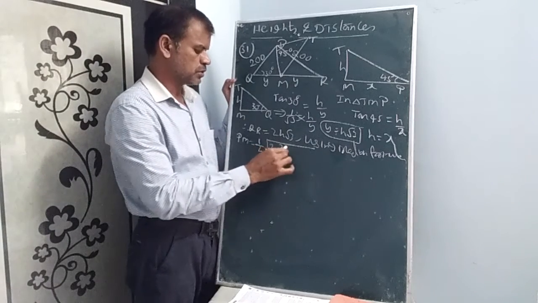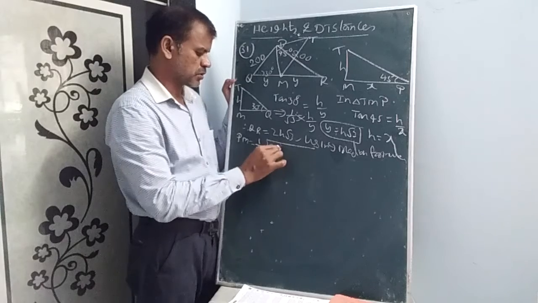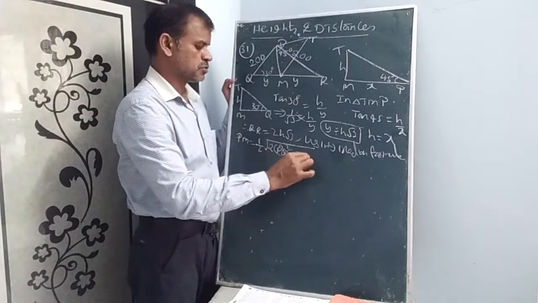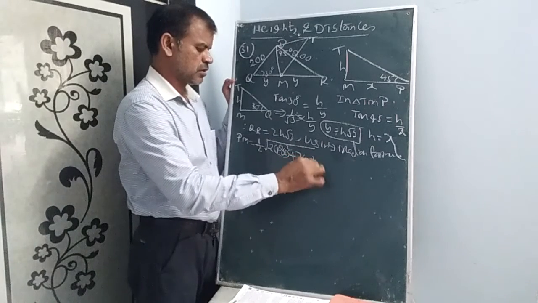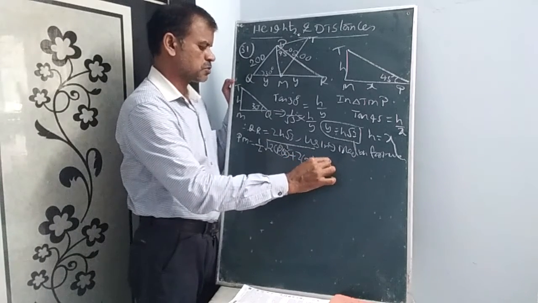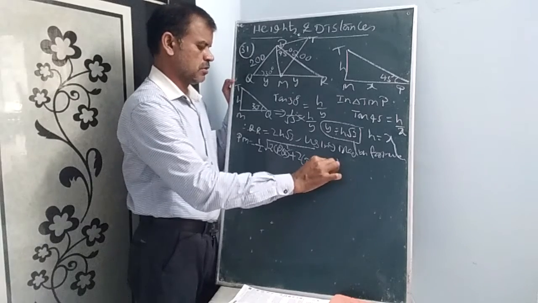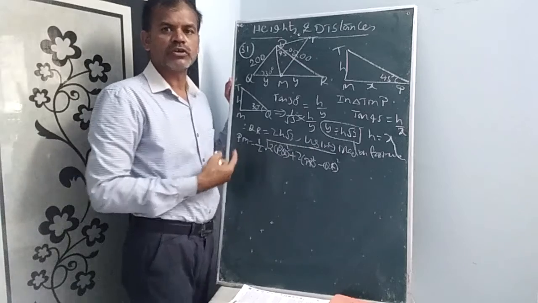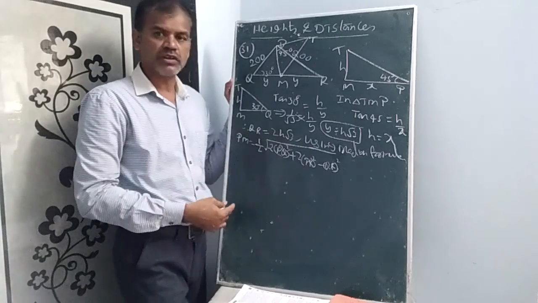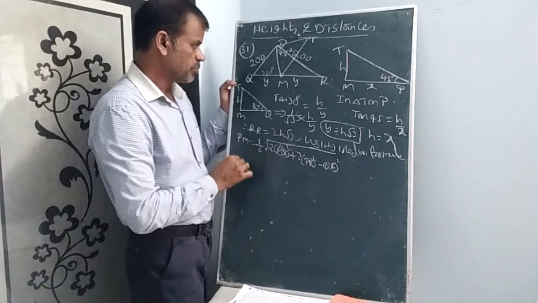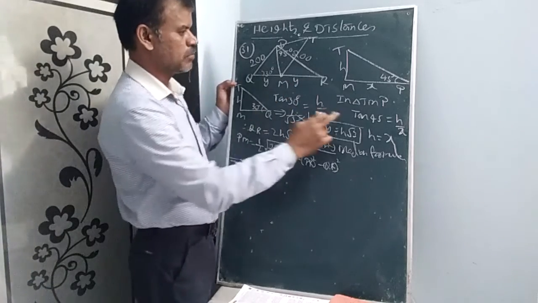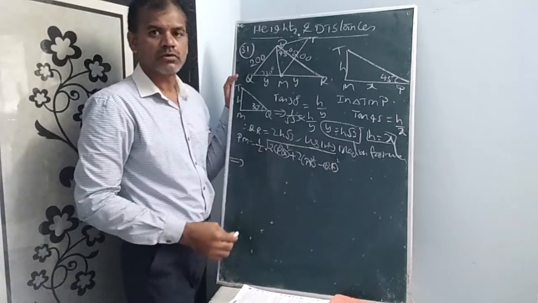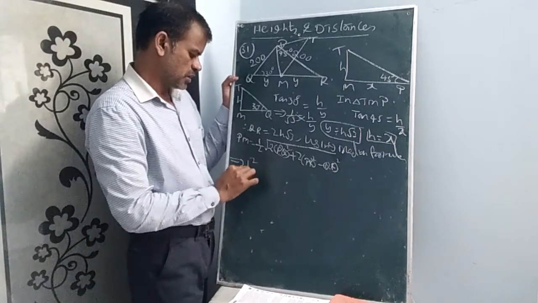So 2 into c square means 2 into PQ square, plus 2 into PR square, minus QR square. That implies PM, which became X, is nothing but H. He is asking about the height of the tower, so write here H.